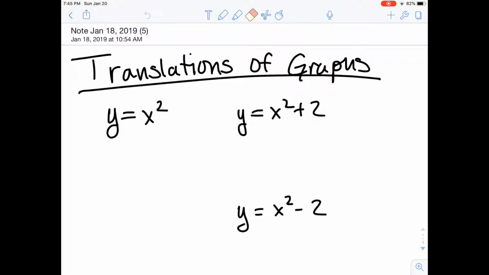Today's video will be talking about translations of graphs, and basically what that means is you're shifting a graph. It's basically transformations. So you're moving a graph from what's called its parent function.